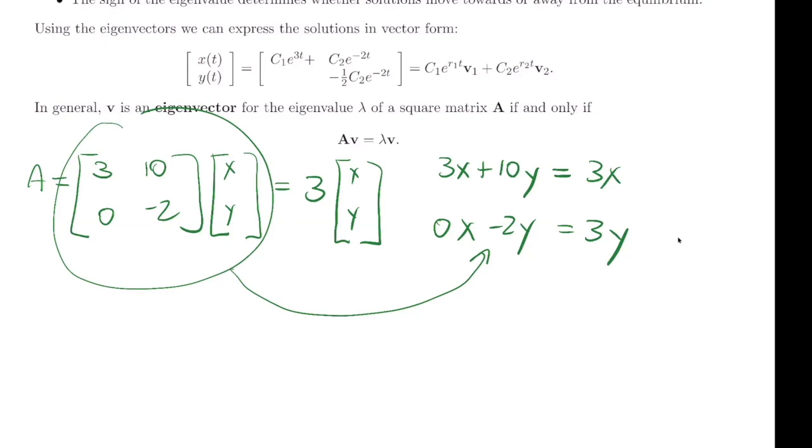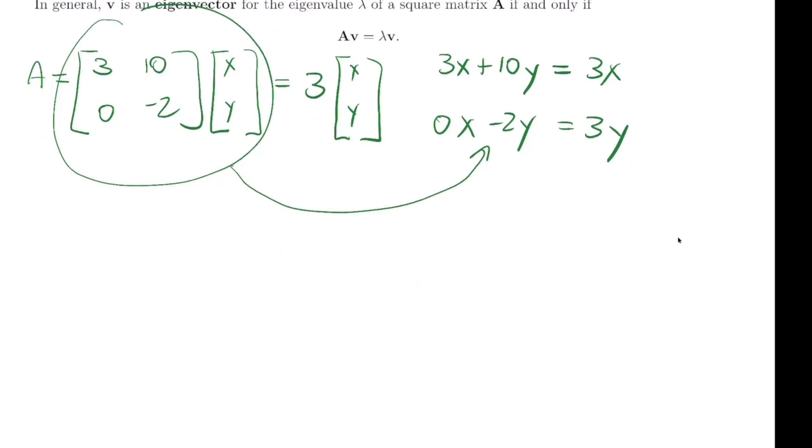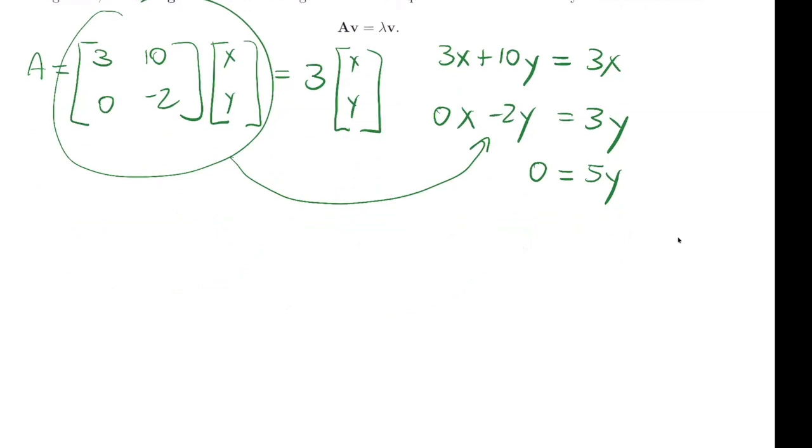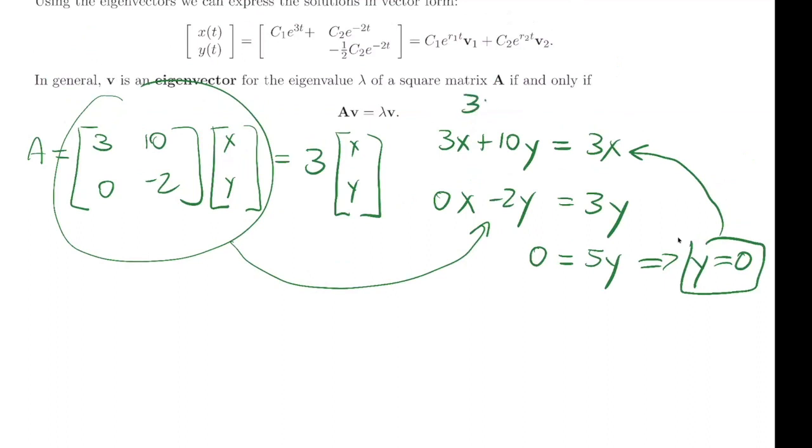So from this one, we could solve for y, and what we can see is 0 is equal to 5y. This equation implies that y has to equal 0. Then we can take this condition and plug it into the top equation, and that would tell me 3x is equal to 3x.